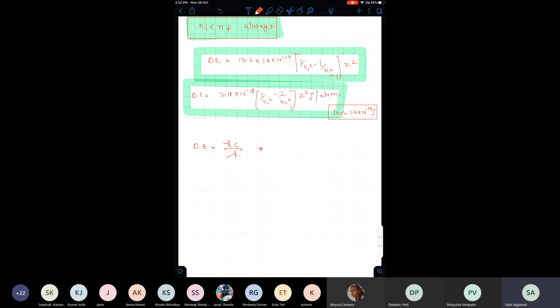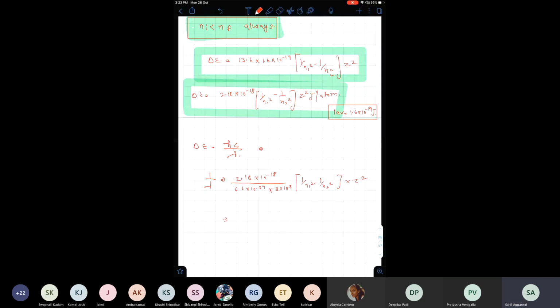So 1 upon lambda will be equals to minus 2.18 into 10 to the raised power minus 18 divided by h, 6.6 into 10 to the raised power minus 34, 3 into 10 to the raised power 8, into 1 upon n1 square minus 1 upon n2 square into z square.